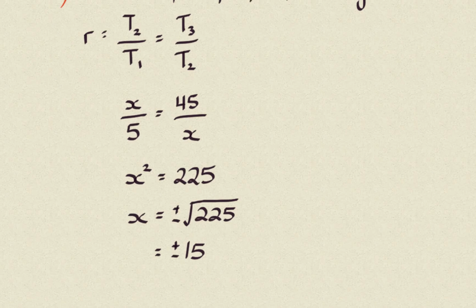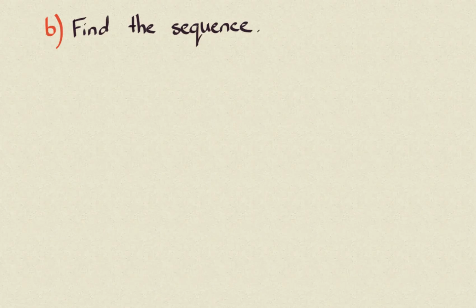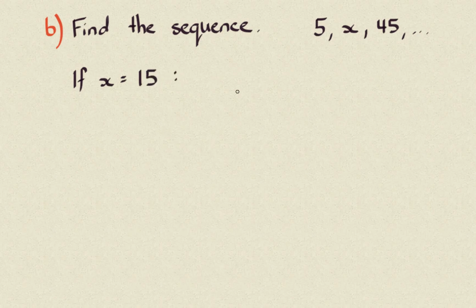Let's have a look at part B of this question. Find the sequence. So previously we were given this, but in part A we figured out that x could be plus 15. So let's focus on that first. If x is positive 15, then our sequence becomes 5, 15, 45, and so on.